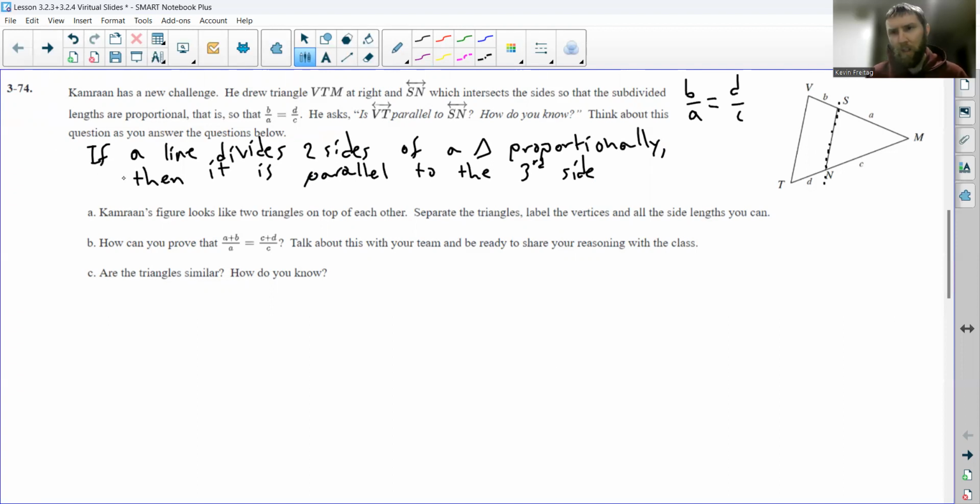This I might call something like the proportional divider theorem, if you want to give it a fancy name. If a line divides two sides of a triangle proportionally, then it must be parallel to the third side.